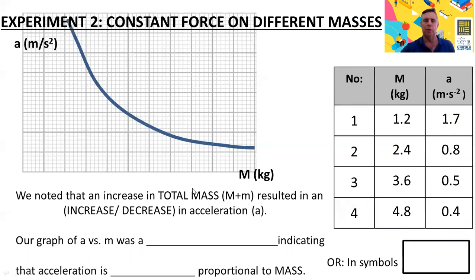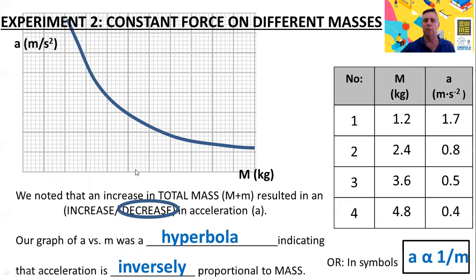We noted that an increase in total mass resulted in a decrease in acceleration, different from experiment 1. Our graph of acceleration versus mass was a hyperbola, indicating that acceleration is inversely proportional to mass, or in symbols, a is proportional to 1 over m.